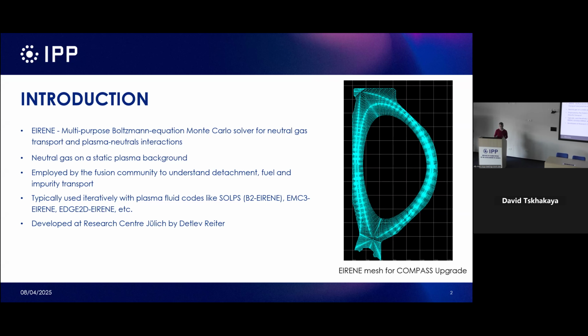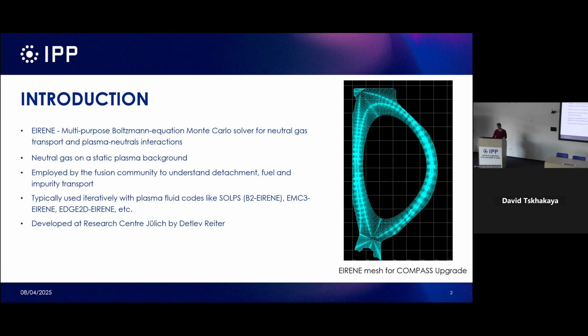It was inspired originally by neutron transport codes, like in fission reactors. It traces individual particles, test particles, through the computational domain, and then statistically analyzes and tracks various quantities of interest. It's heavily employed by the fusion community.